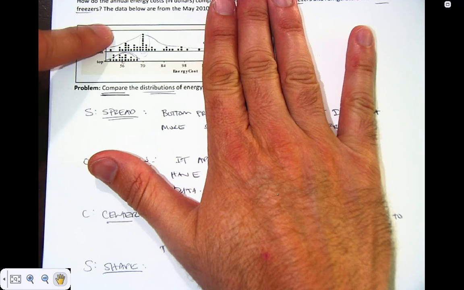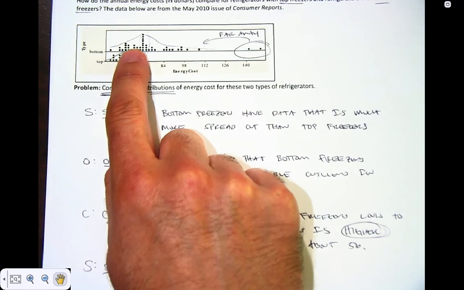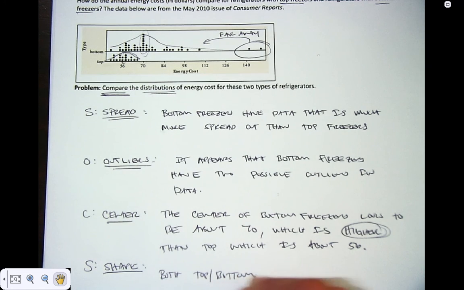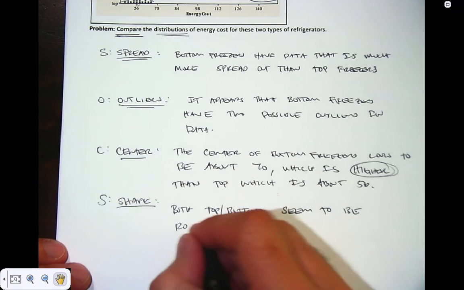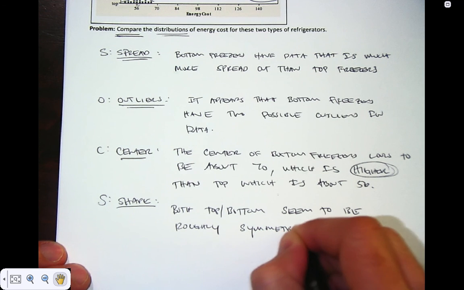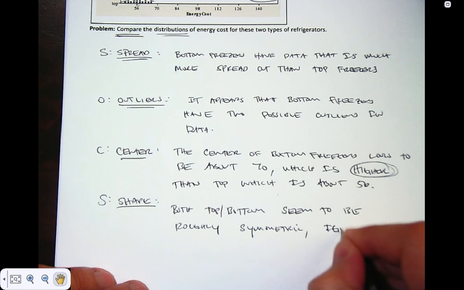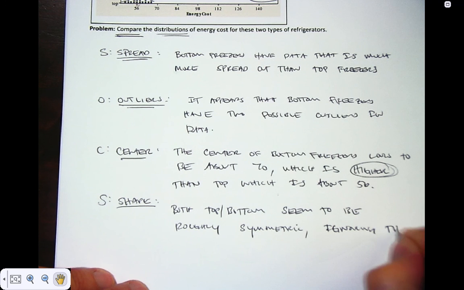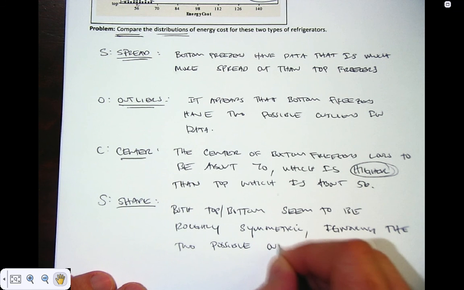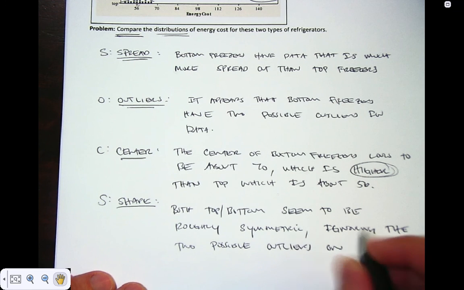So I would say both top and bottom seem to be roughly symmetric, just estimated, and this would be ignoring the two possible outliers on bottom.